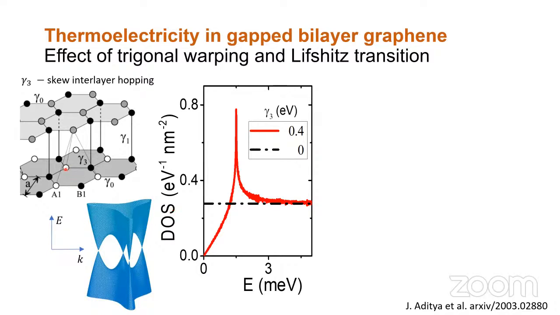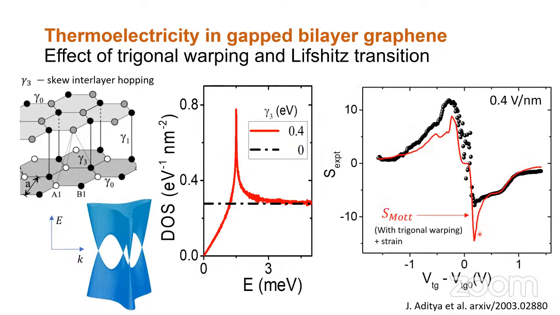This essentially comes because, in addition to the nearest neighbor interaction between the two layers, the next nearest neighbor interaction of gamma 3 usually leads to a Van Hove singularity in the density of states. And this density of states is without the Van Hove singularity, which is nothing but a flat density of states. But if you have this additional coupling between the upper and lower layer, you have this Van Hove singularity that gives you another singularity.